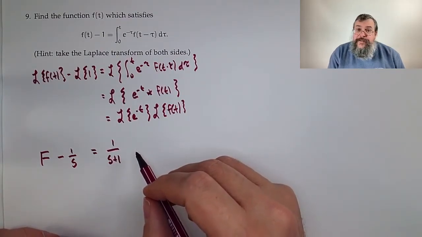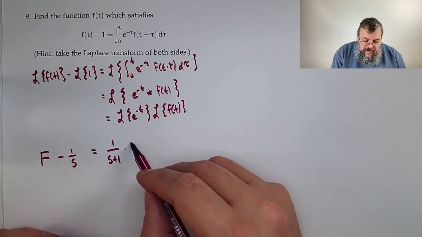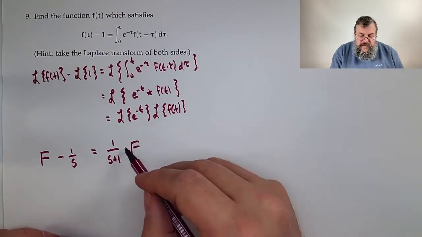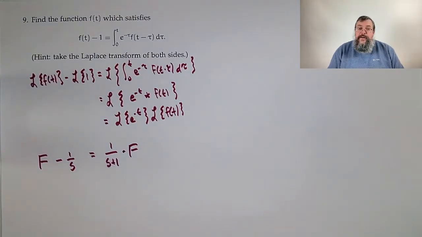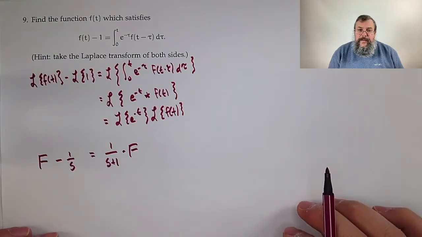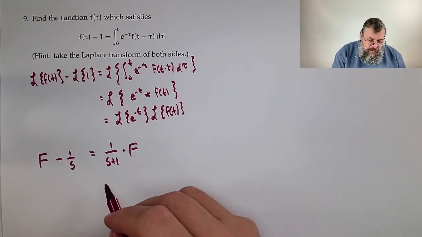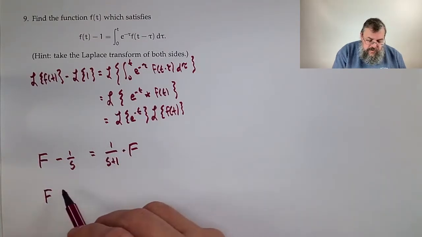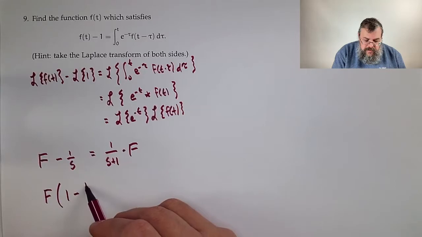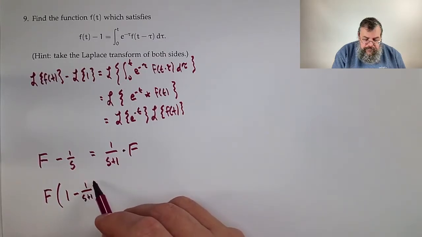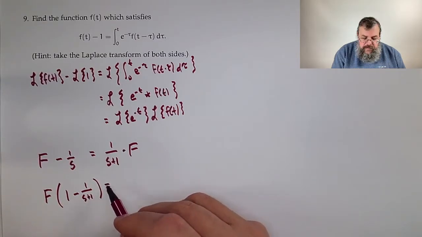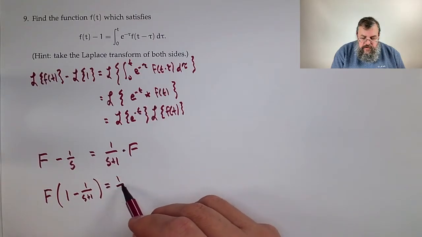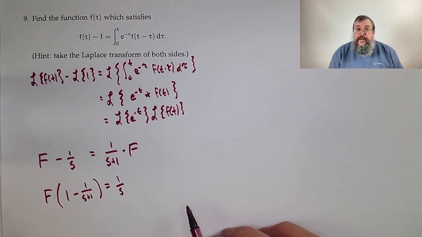And the Laplace transform of f of t is, again, F. So there we go. Now we're like, wow, that doesn't seem so bad. Well, we move stuff around. So F, I'll move this subtracted. So F times 1 subtract 1 over s plus 1 is equal to 1 over s.